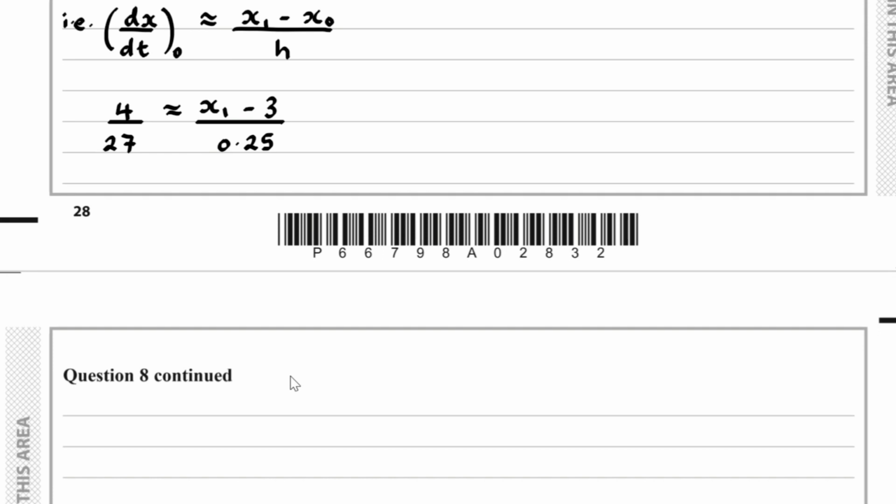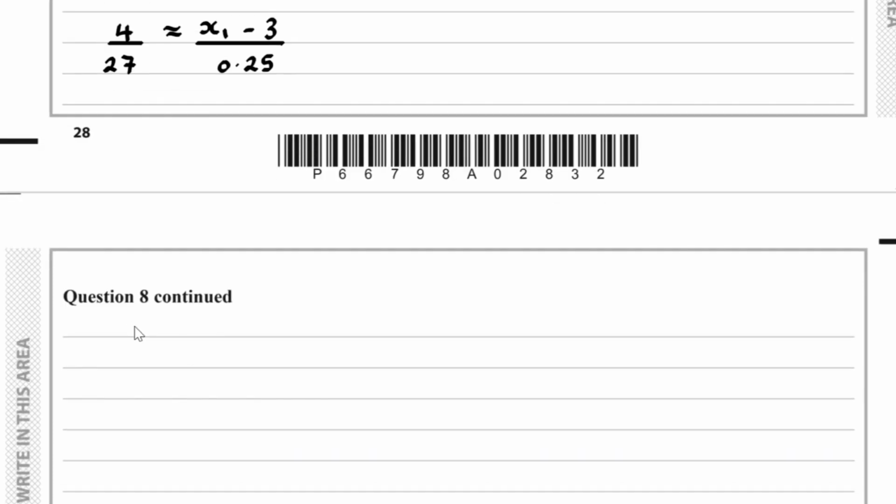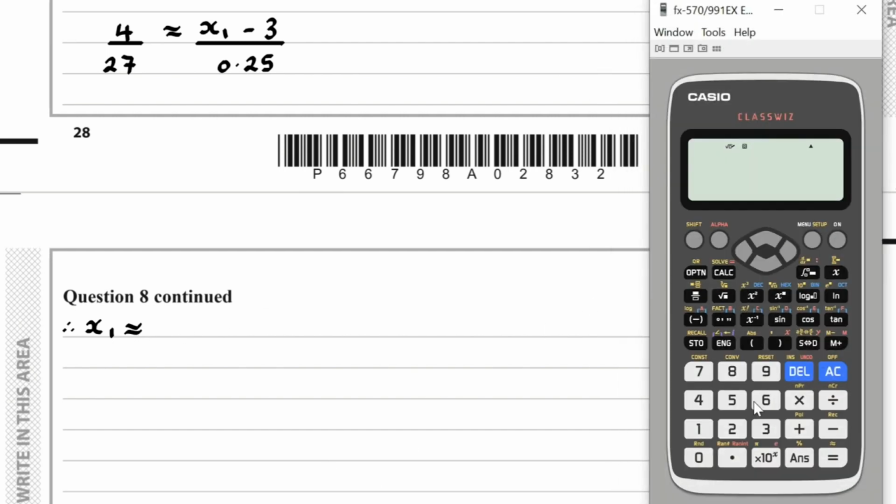And if we were to find out what x1 is, x1 then is approximately equal to 4 over 27 times 0.25 plus 3, which is 82 over 27 ppm.